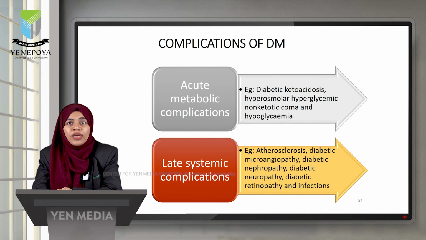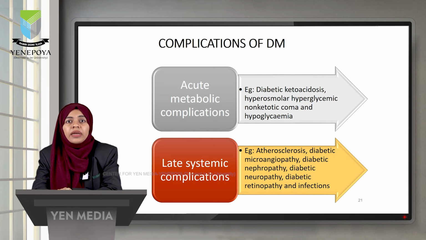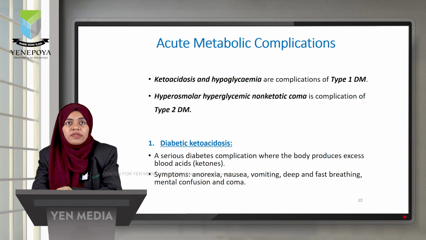Acute metabolic complications include diabetic ketoacidosis, hyperosmolar hyperglycemic non-ketotic coma and hypoglycemia. Late systemic complications are atherosclerosis, diabetic microangiopathy, diabetic nephropathy, diabetic neuropathy, diabetic-related cardiac disorder as well as some kinds of infections.